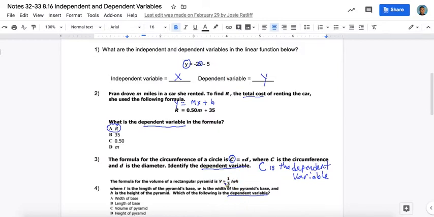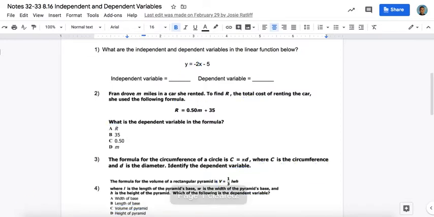So that makes the volume the dependent variable. And also the equation equals the volume. So we're going to circle C, volume of pyramid. And I didn't do that very well, so hopefully you do a better job than I do. Okay, turn to the back side.